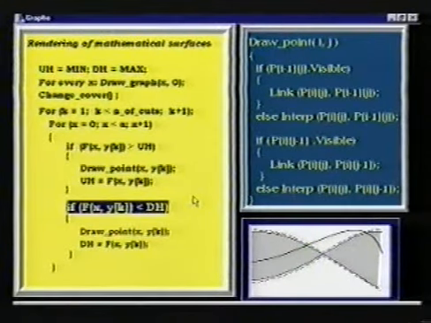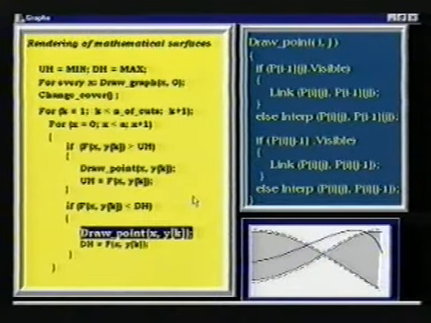If the point is less than the bottom horizon, we draw it by the same method, and the value is assigned to array DH, which represents the bottom horizon.